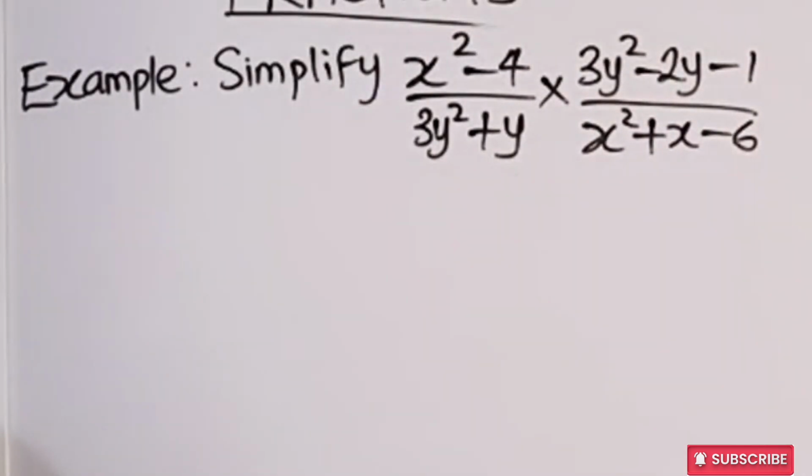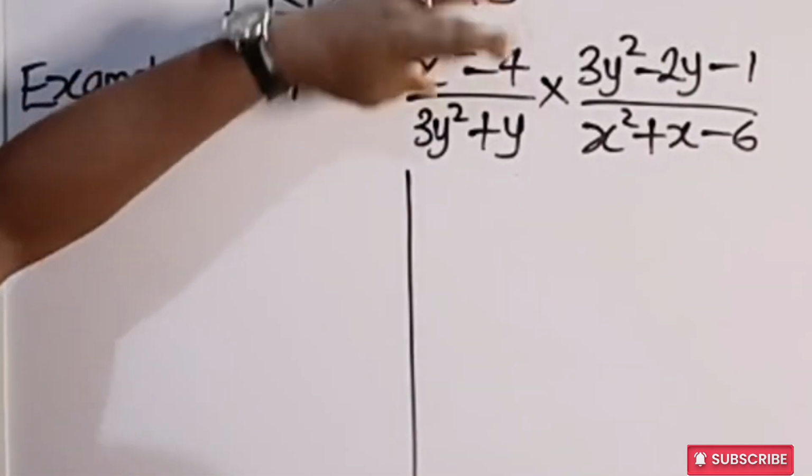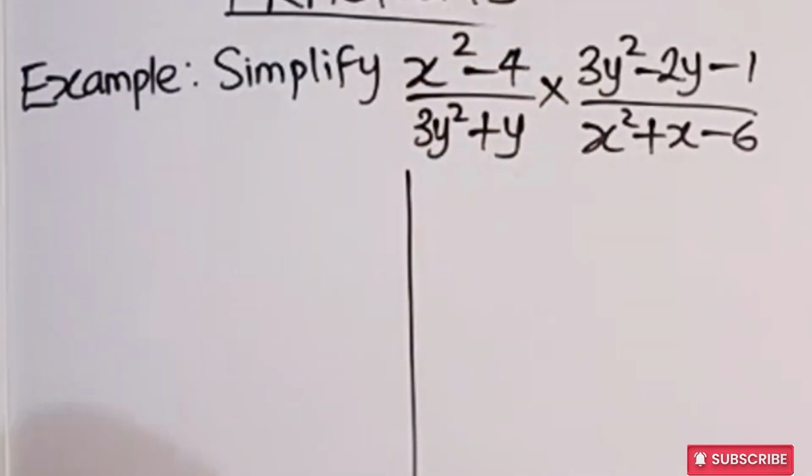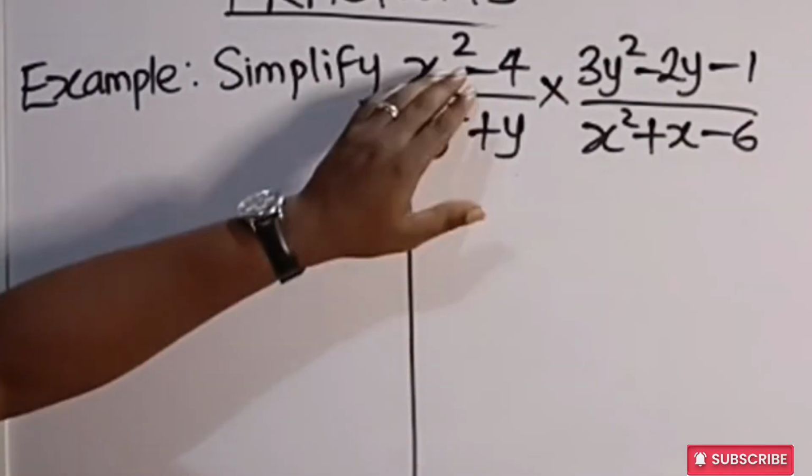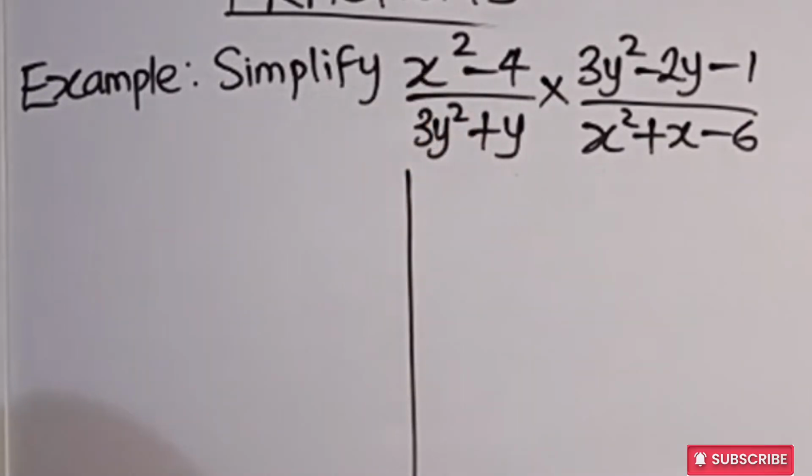Okay, so this seems a little bit more complex, but it is solvable. What we're going to do is check out each of these values to see if we can factorize them. What we're going to apply here is difference of squares.